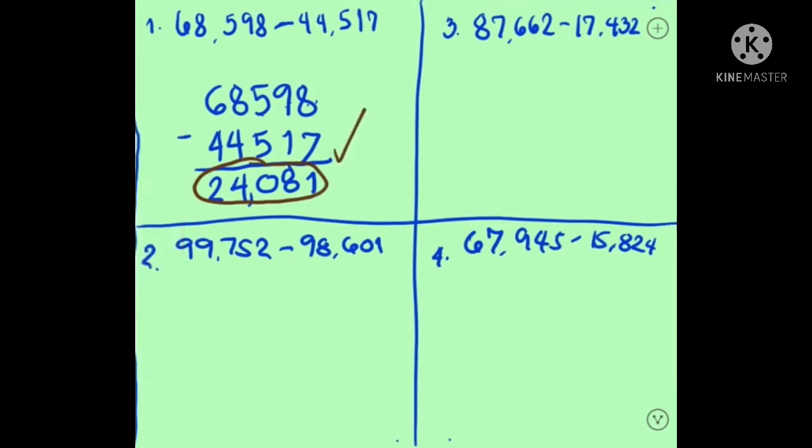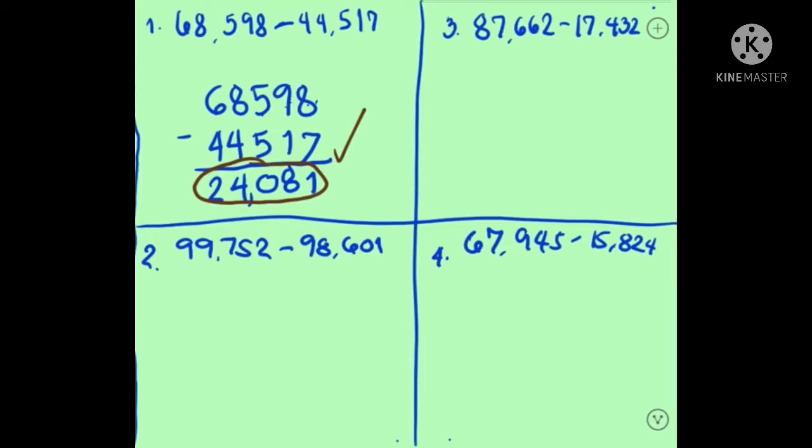Let's move on to number 2. Our number 2 is, can you read number 2 for me, please? 99,752 minus 98,601.